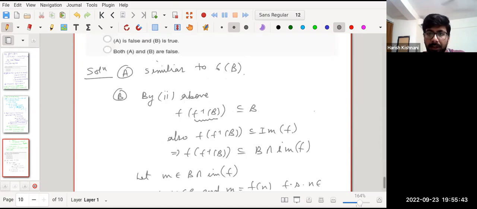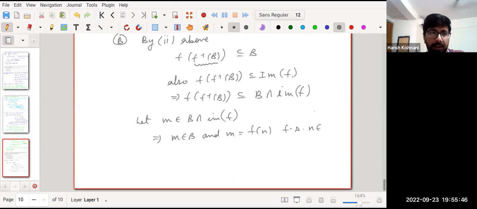I wrote the notation the wrong way around, so this is n, this should be m. What does this mean?